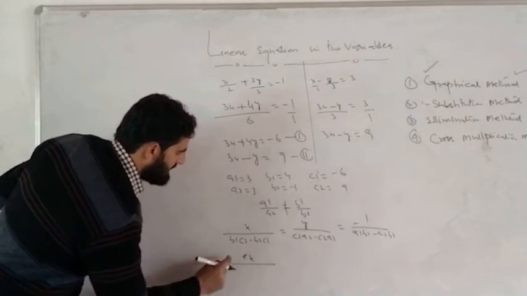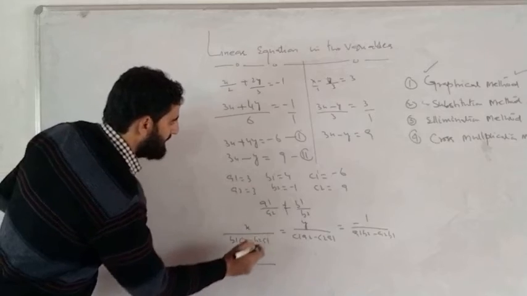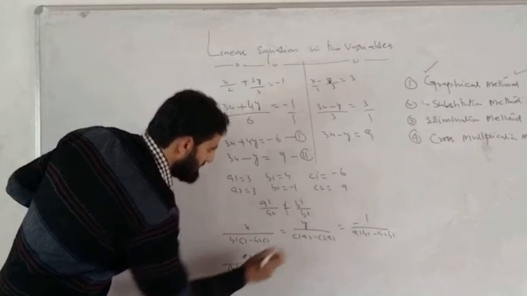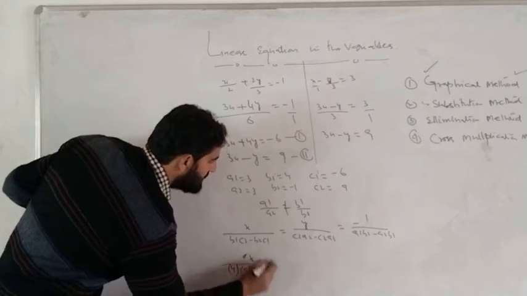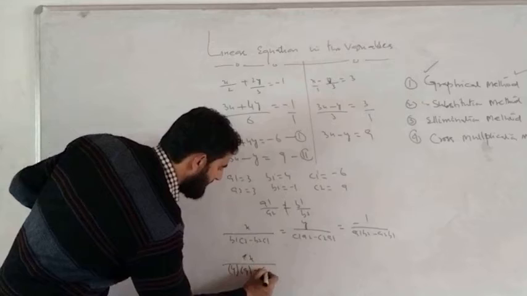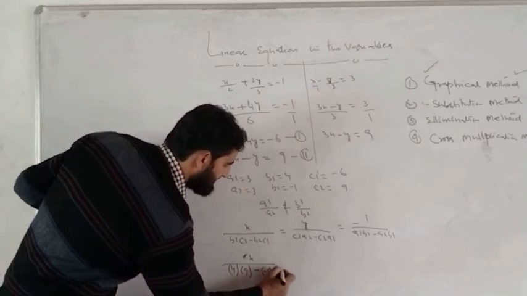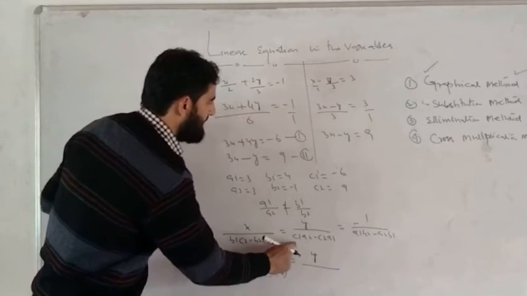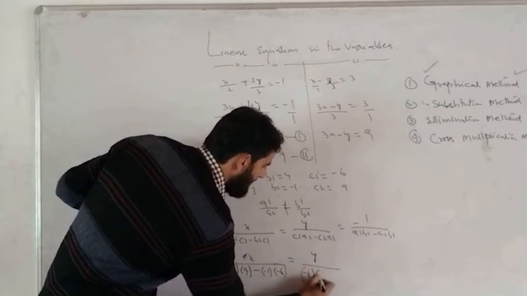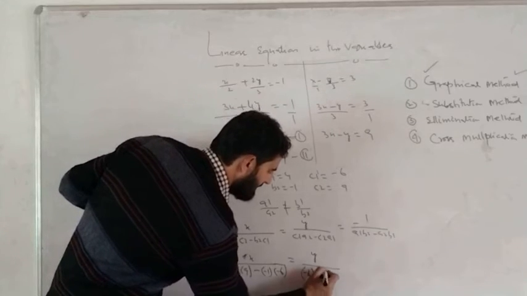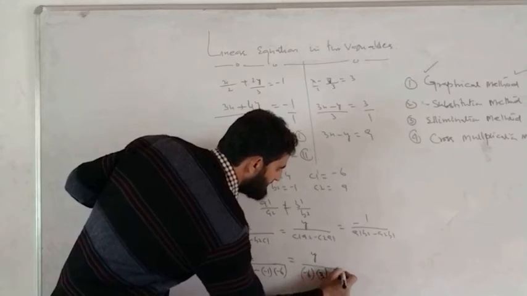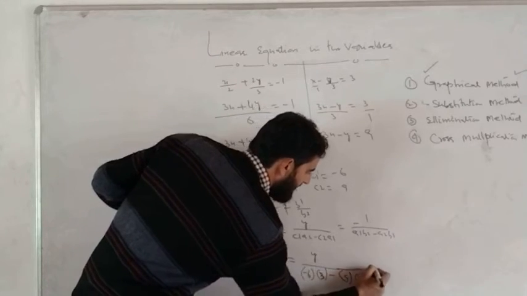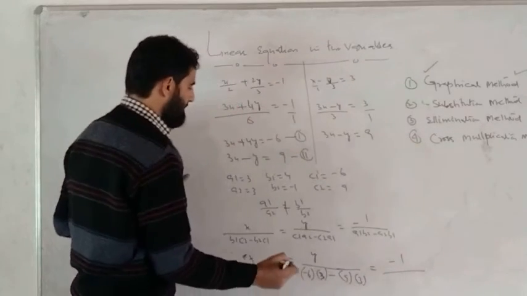Further, x divided by b1, which is 4, into c2 which is 9, minus b2, which is minus 1, into c1 which is minus 6, is equivalent to y divided by c1, which is minus 6, into a2 which is 3, minus c2 which is 9 into a1 which is also 3, is equal to minus 1 divided by a1.